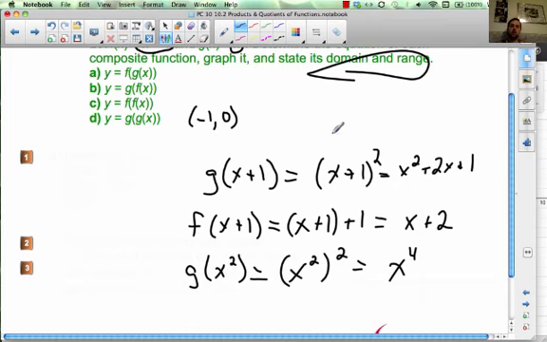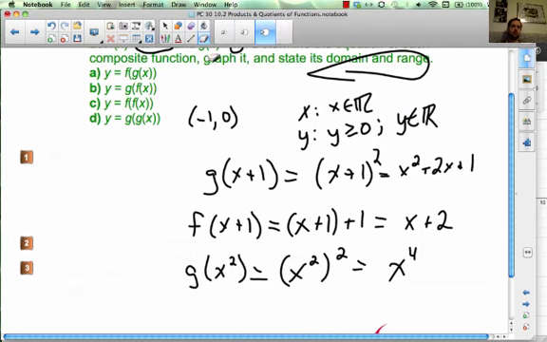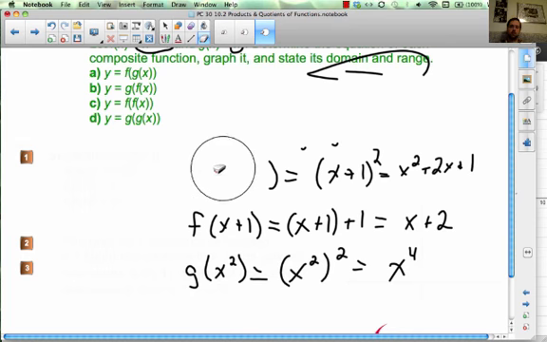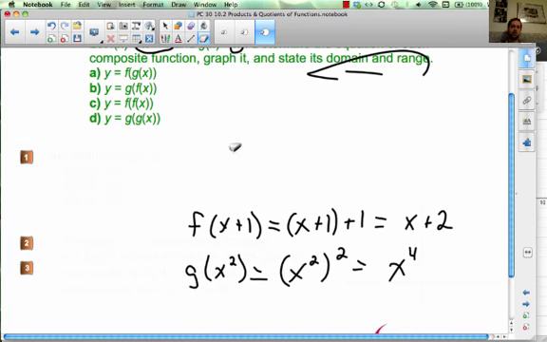So the domain, as is true for the vast majority of quadratic functions, is x an element of the reals, and since your vertex has a y value of 0 and it opens up, y is always going to be greater than or equal to 0, but otherwise it's fine just being an element of all the reals. You can graph them to double check if you'd like.